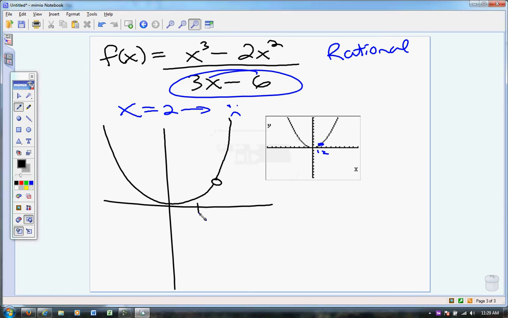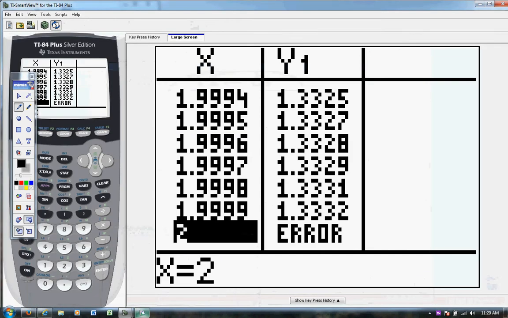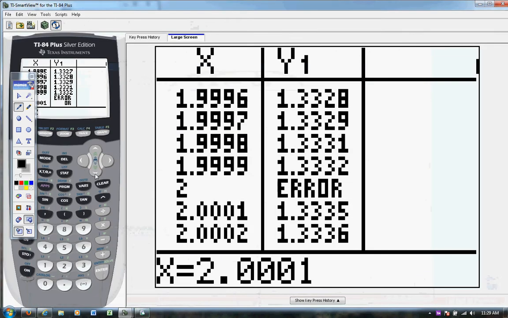So here at 2, there is a hole. But we just looked at some table values. What does this function do as we get close to 2? By the way, let's go back to my table and see if the same thing is happening as we go past 2.